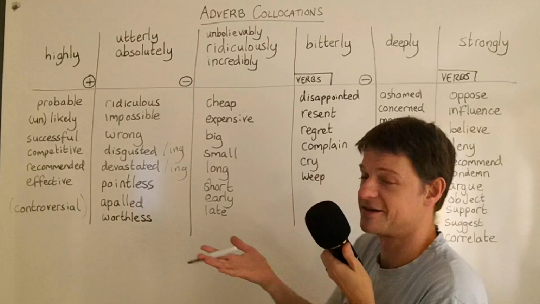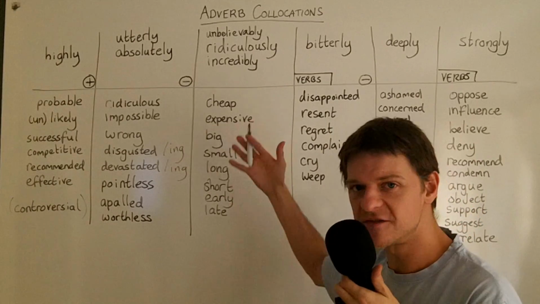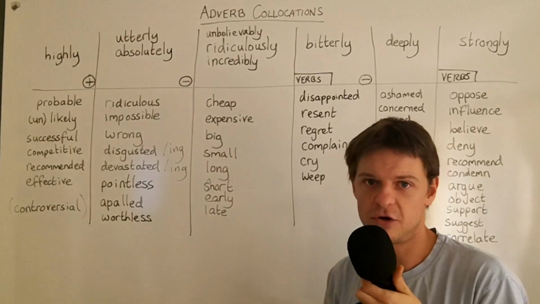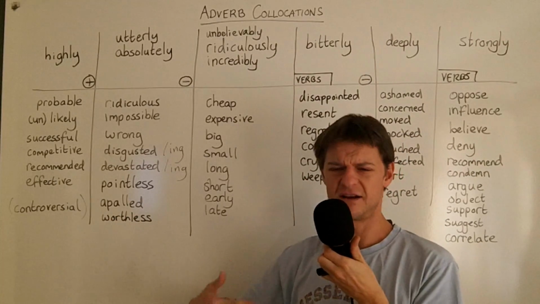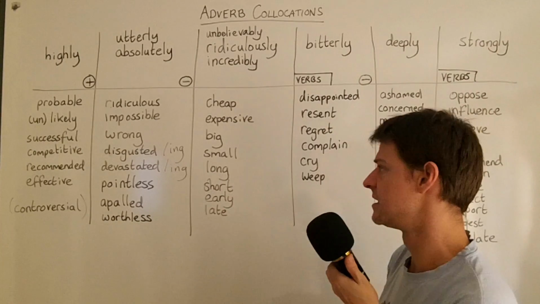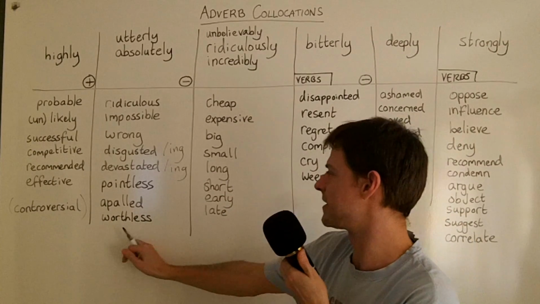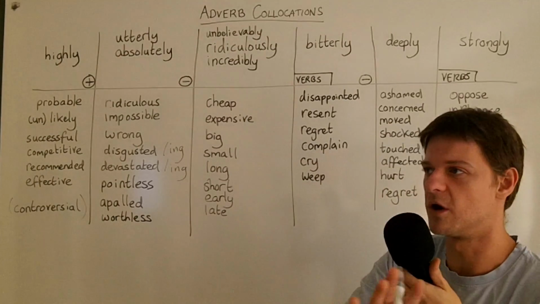Maybe some of you think. I don't know. It is if you're not doing the CAE exam, perhaps. But I mean, it's still useful for enriching your vocabulary. Okay, I was utterly appalled. Yeah, like disgusted. Really, I was utterly appalled to find out that, whatever. Okay, and it was absolutely worthless. Yeah, it was worth nothing at all.